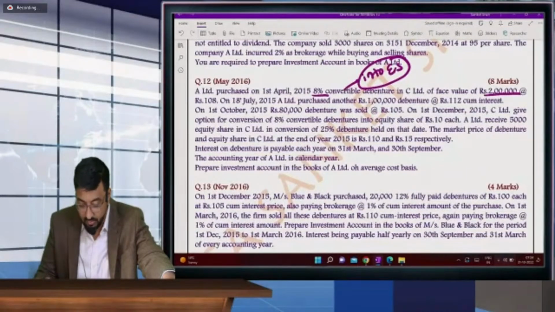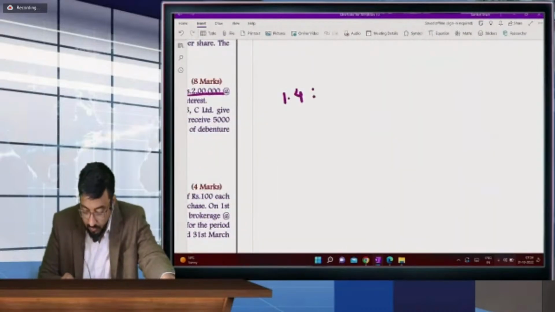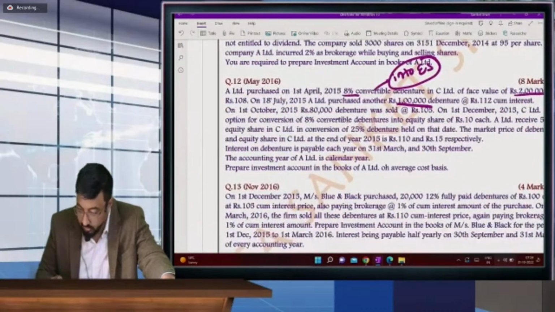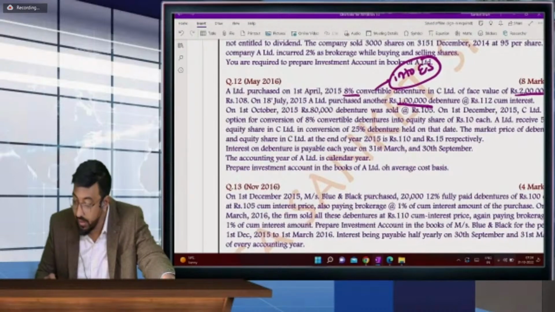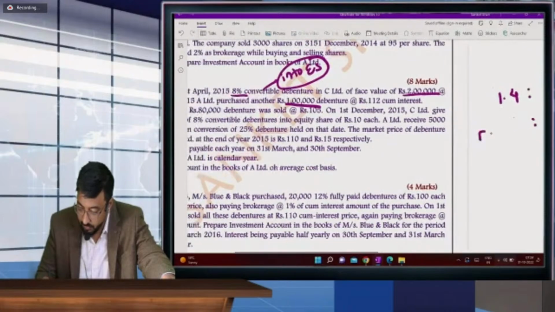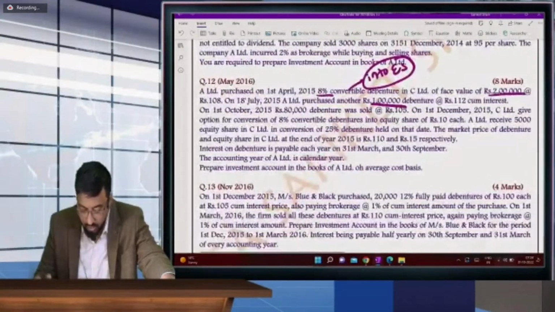108 rupees. 2 lakhs at rupees 108. On 18th July, he purchased another 1 lakh debentures. So beta, 1st April, opening balance sheet date.